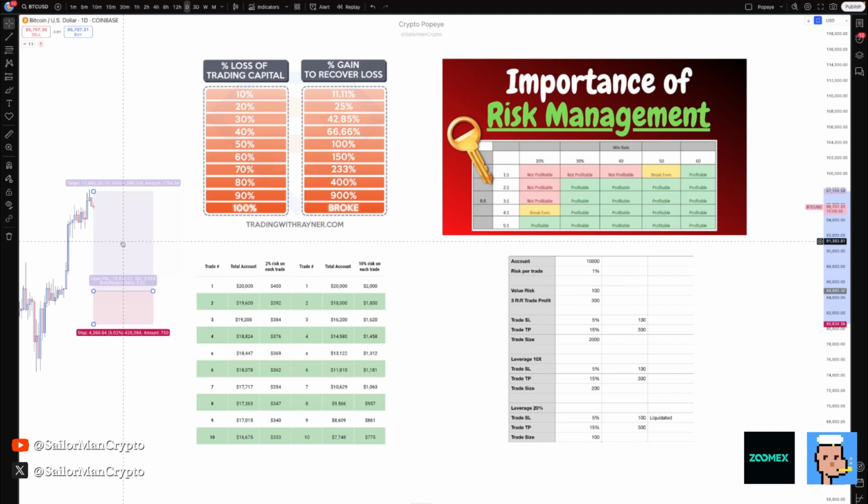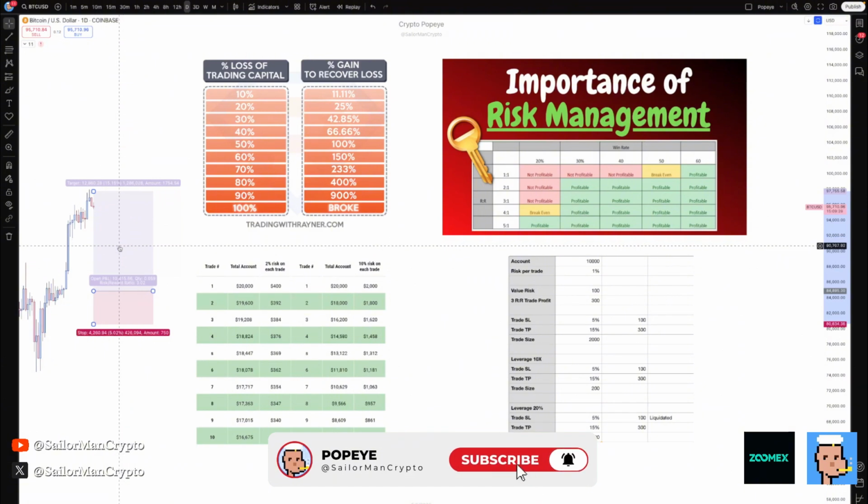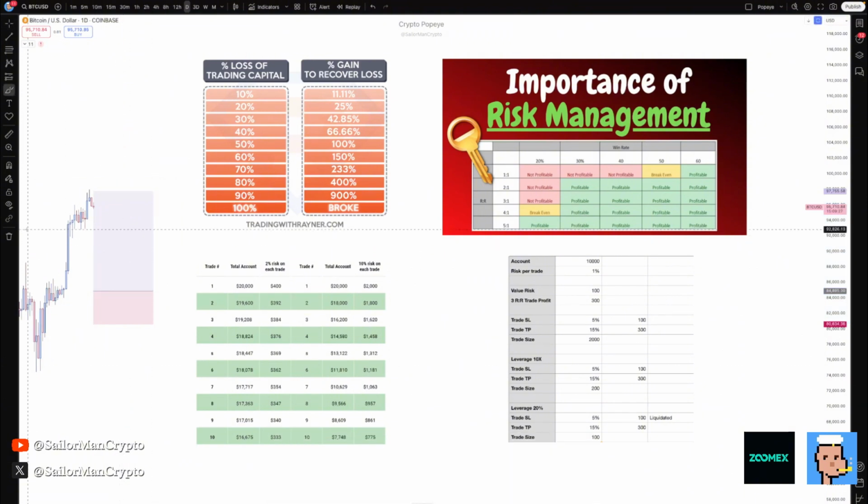It's a 3-to-1 risk reward trade where the stop loss is 5% and the take profit is 15%. So we expect the price of Bitcoin to do something like this, get us filled, go here and take profit here. If we go down here, we will lose 5% of the position, and if we go up here, we will get a 15% reward.